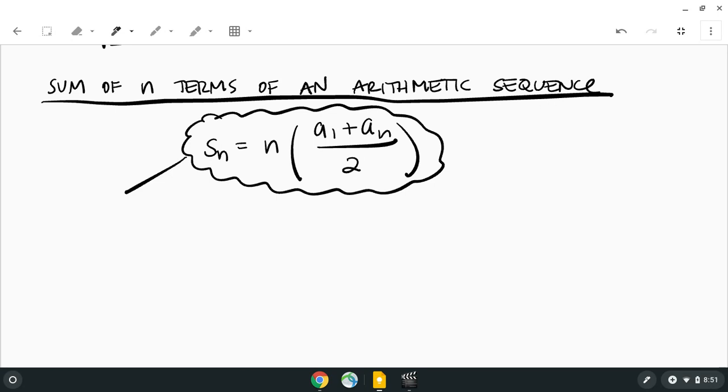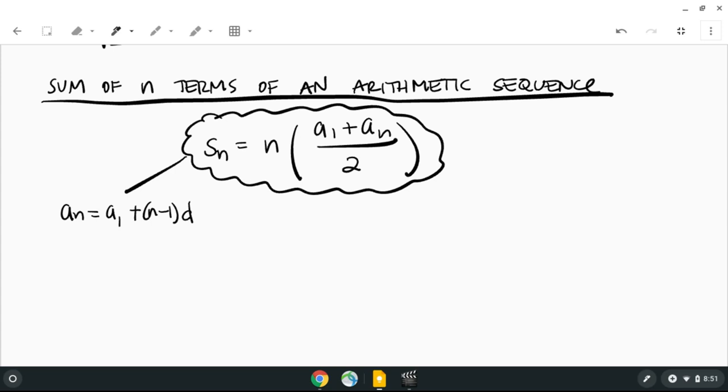Just keep in mind that you can use this formula to find any of the terms. So if you're missing A1 or if you're missing AN, you can use this one.